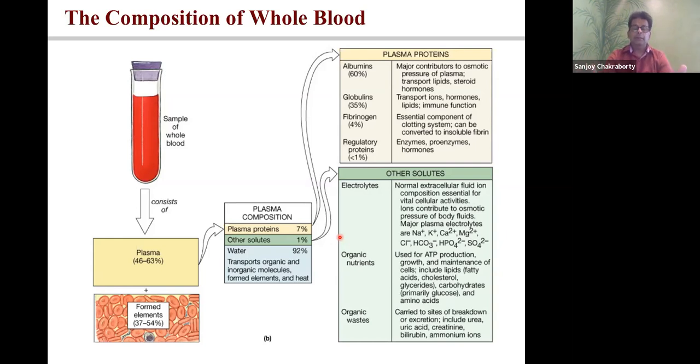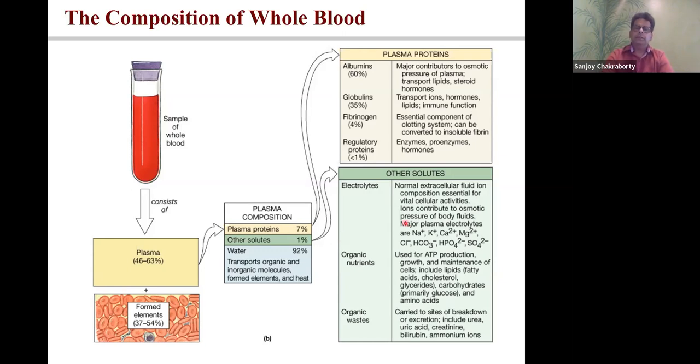They can have organic nutrients and organic waste, such as urea and uric acid. Those are waste. They can have nutrients like glucose, the carbohydrate that you eat, lipids of different types, amino acids, cholesterol, and even hormones.